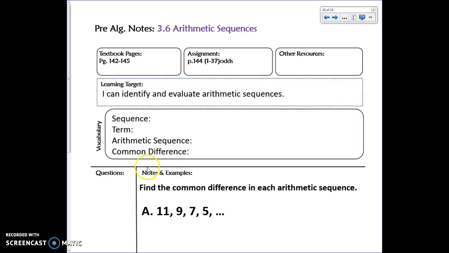So first of all, we have some vocab to get written down. Start off with sequence. So a sequence is an ordered list of numbers or objects called terms.